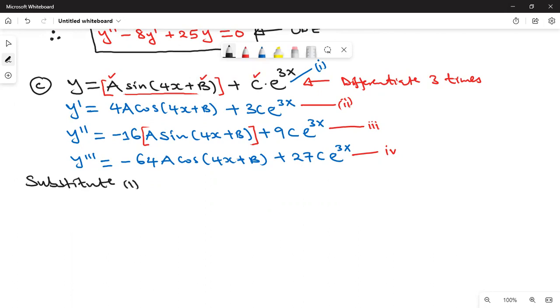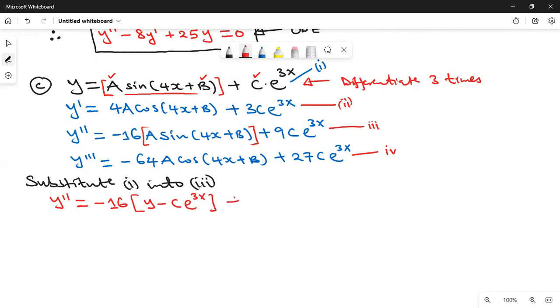So we can just say substitute 1 into Roman 3. So how will the equation Roman 3 look like? It will be y double prime is equal to negative 16. Instead of A sine 4x plus B, I'll write in bracket here, y minus c exponential 3x.